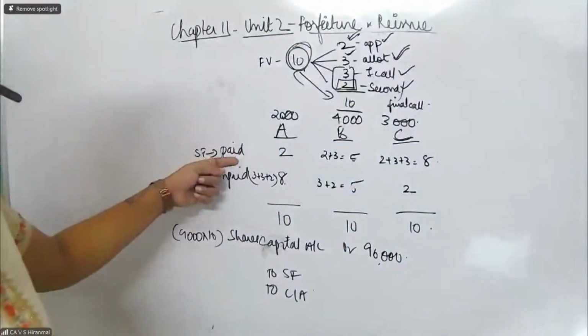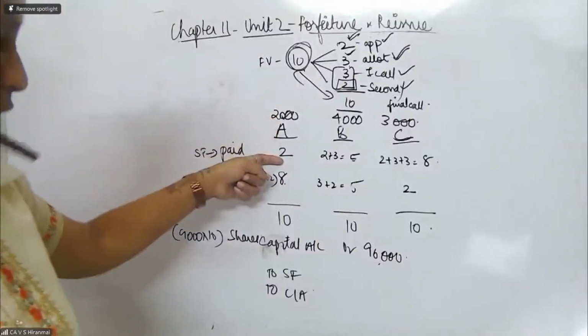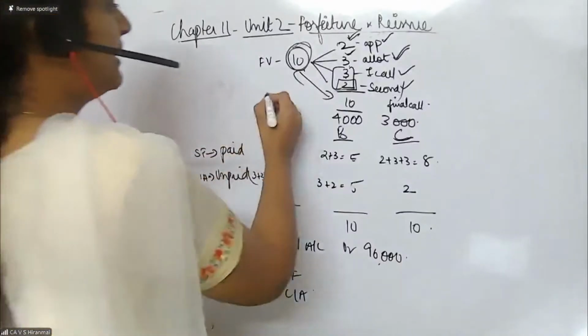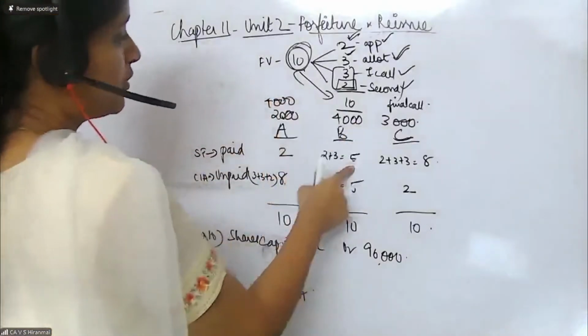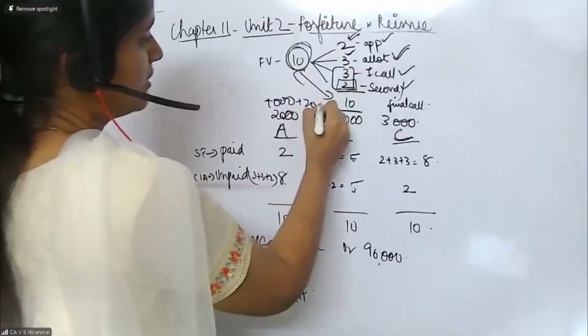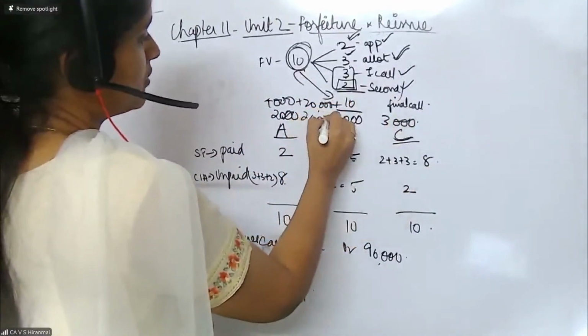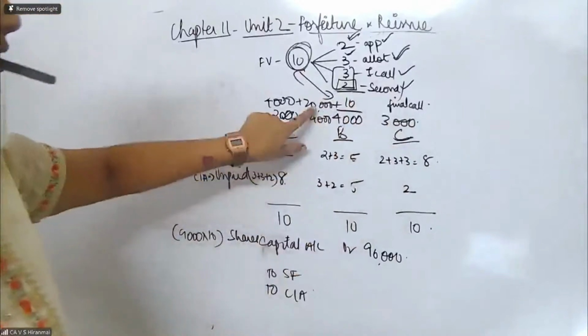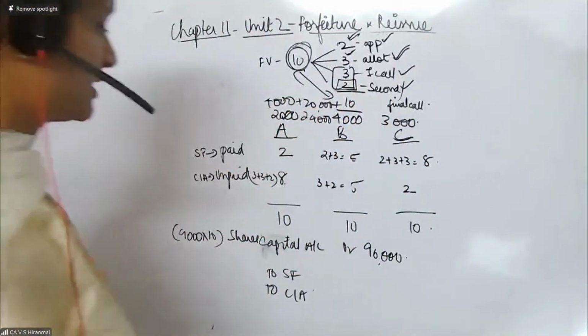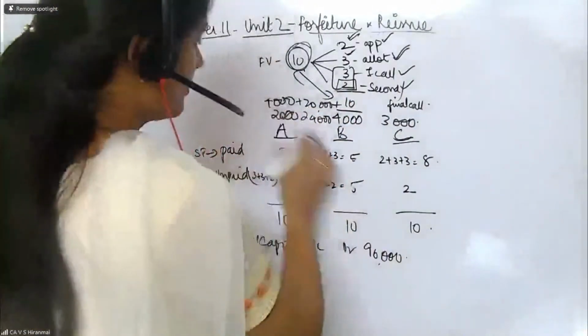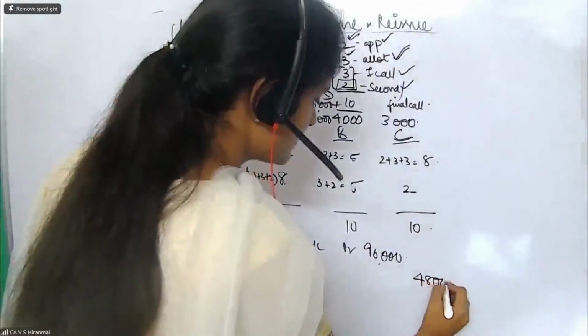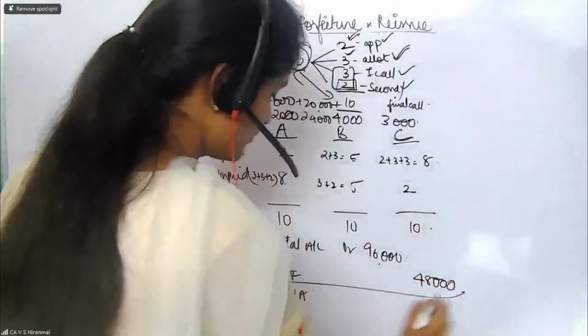So how much have you paid? 2000 into 2, 4000 into 5, 20,000, plus 3000 into 8, 24,000. So it will be 24,000 plus 20,000, 44,000, plus 4,000 is 48,000 paid. That is shares forfeited.